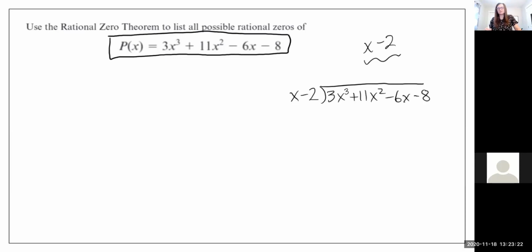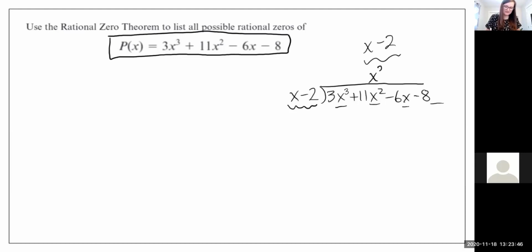But just as a review, because you asked me, your goal here is to make sure that you have all of these in decreasing exponential form and you're not missing any. So if there's a power of 0, you would make it a 0 term of that type. And then you're trying to put this x minus 2 in here. So you're saying, well, how many of those do I multiply?